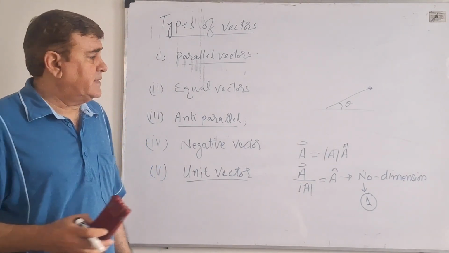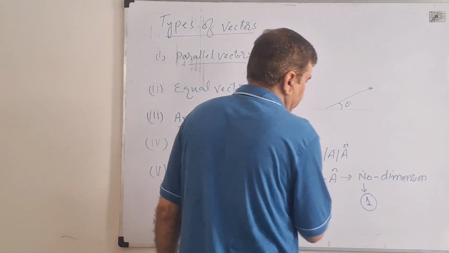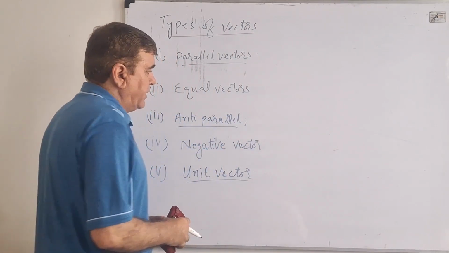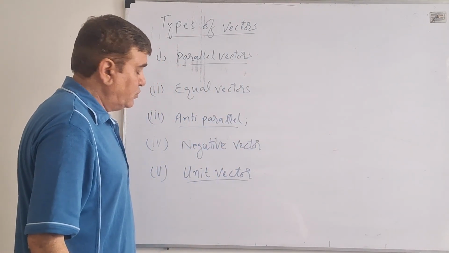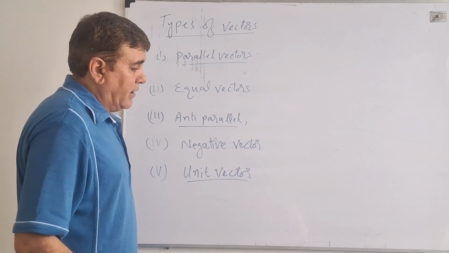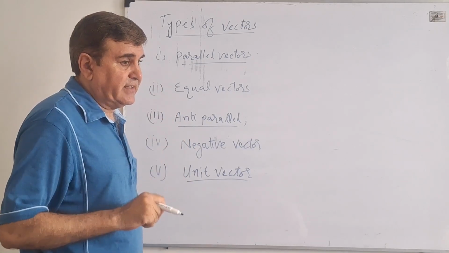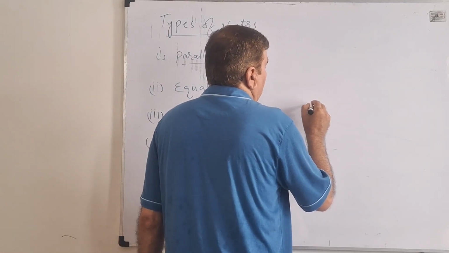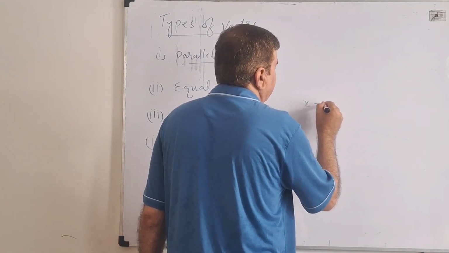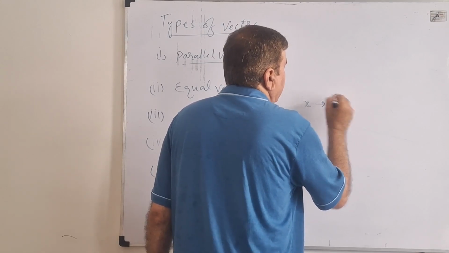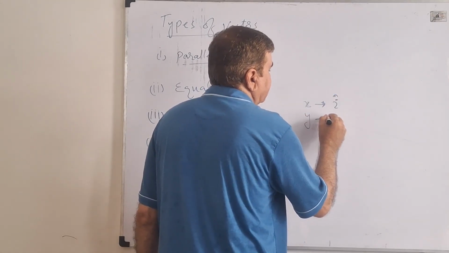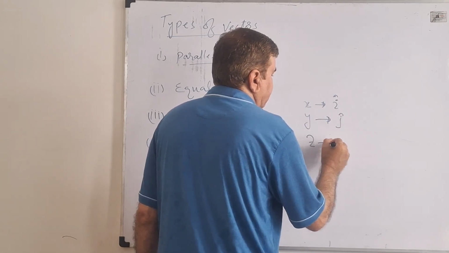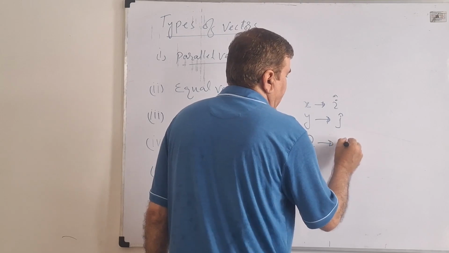Now there is another very important thing: we use unit vectors along the three directions of the coordinate axes. The unit vector along the x-axis is usually represented with i with a hat, along the y-axis with j with a hat, and along the z-axis with k with a hat.